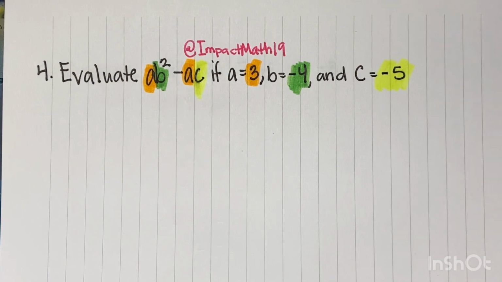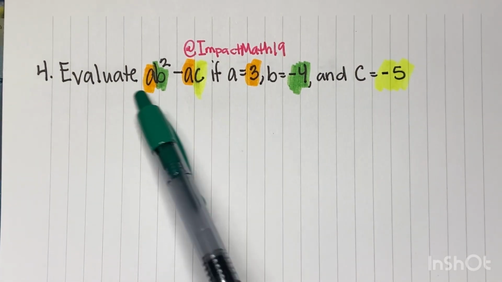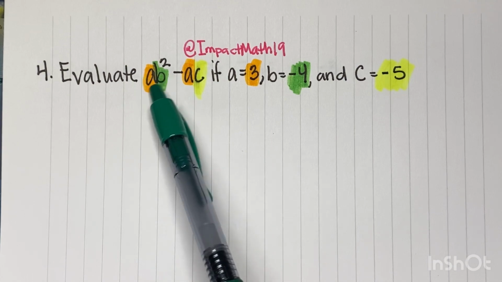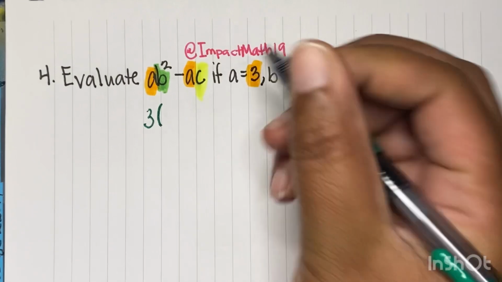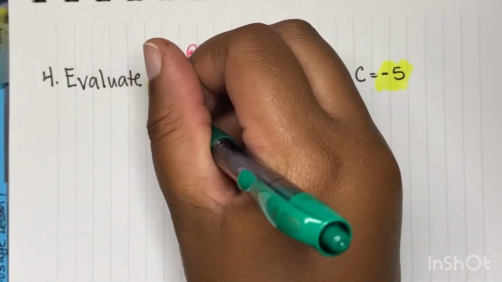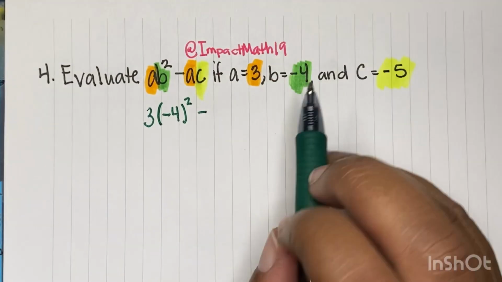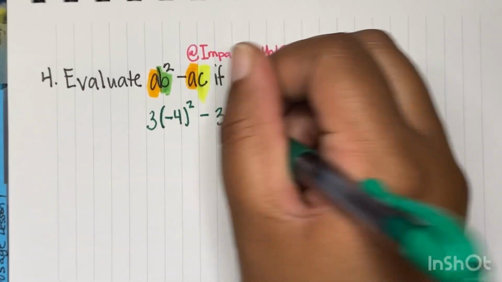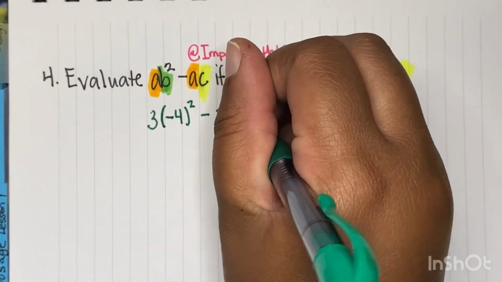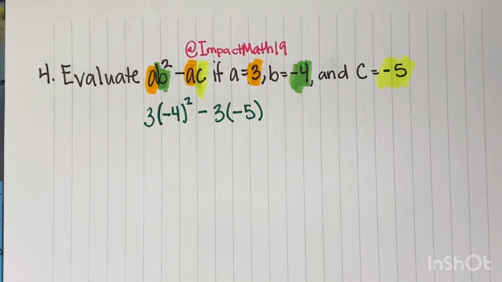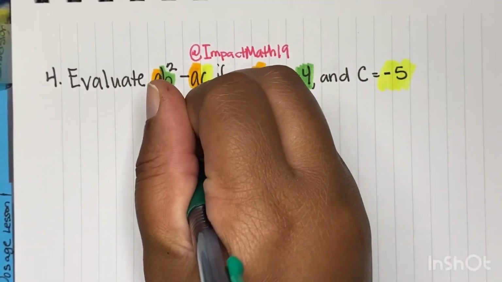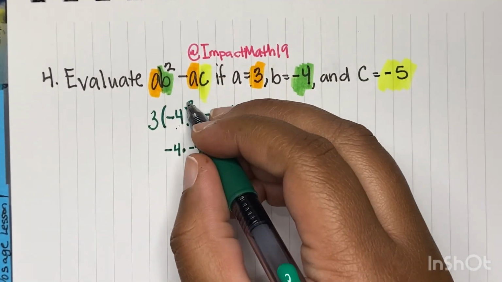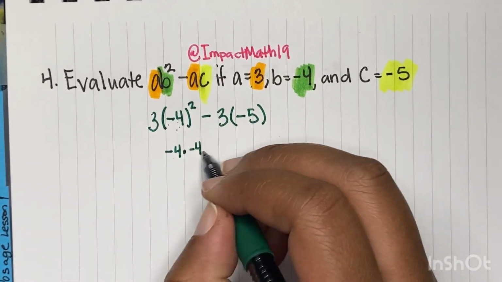Now, what throws people off is when they plug in, they forget the parentheses. Remember, these are multiplying next to each other. So we're going to put 3 times, our b is -4 squared minus 3 times our c, which is -5. So now we're going to do our order of operations, where we get -4 times -4, because this 2 tells us we have to multiply this base 2 times.